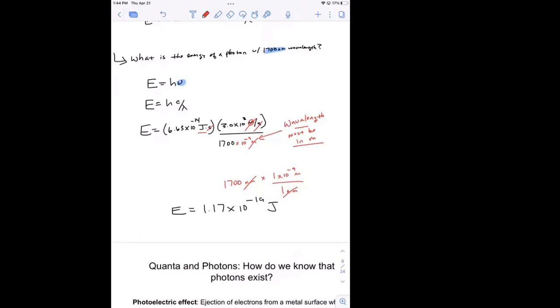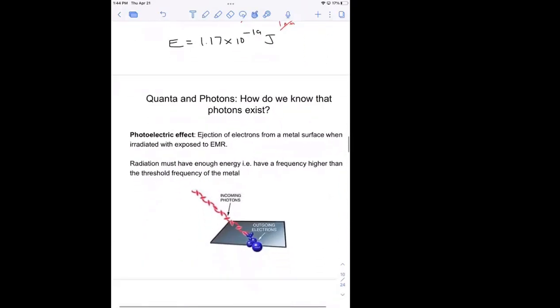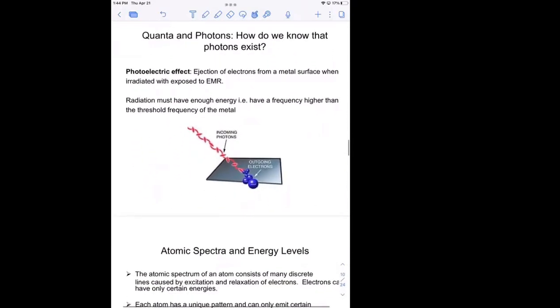So when we see certain spectral lines for certain atoms, it's really telling about how the atom is organized as far as the shells where the electrons are. And so it brings us to this topic, or this definition, which is the photoelectric effect.